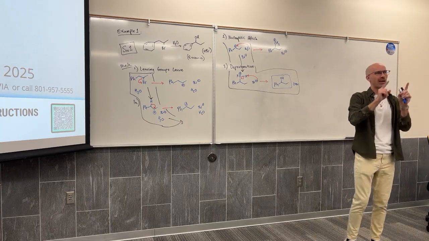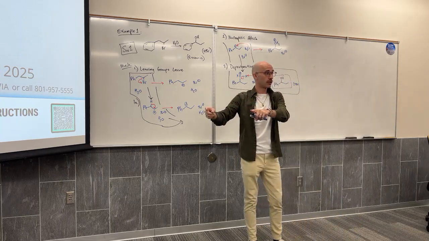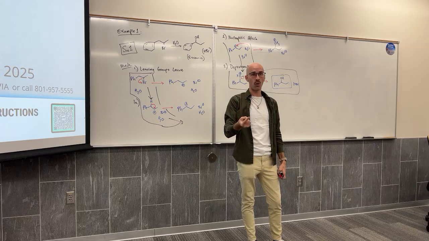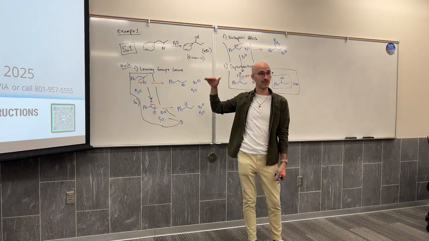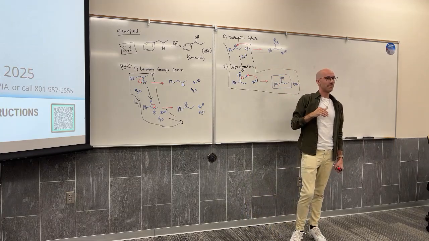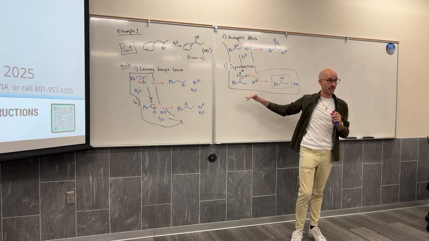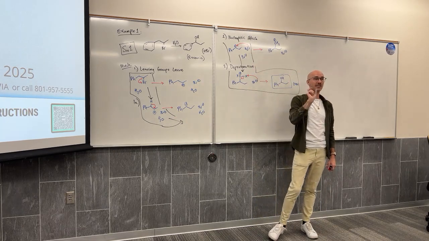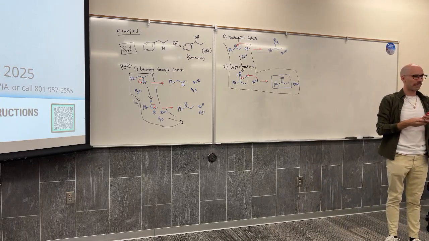You can't show the leaving group leaving, the hydride shift, and the nucleophilic attack all at once, because that is not a first order reaction mechanism. So I'm giving you these step by step, and I'm giving you the names because that is what's happening. You don't have to show it step by step. You can show it sequentially like this, but it still needs to include all of those individual steps. All right.